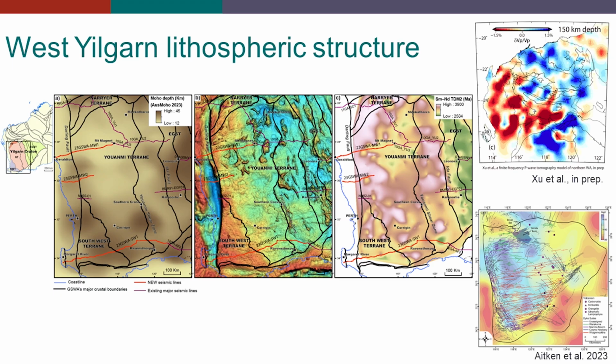And this coincides really well with Alan Aitken's figure that he released in a paper last year, of this MG number map of the lithospheric mantle, where he has a similar feature in the northwestern part of the project area that shows large degrees of mantle refertilization on the margins of the West Yilgarn project area, during what is interpreted to be the result of younger Proterozoic mafic dike intrusions on the margins of the project area.